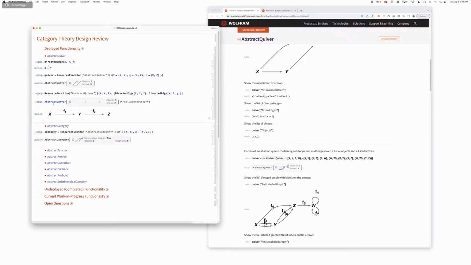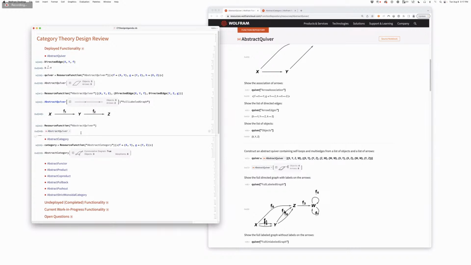Why did that go blue, and why is this a Paclet thing? I would have expected it to say ResourceFunction of AbstractQuiver there. That generally happens with summary boxes produced by resource functions. Okay, does anybody understand that? Nick, do you understand that? So yeah, that's what happens.